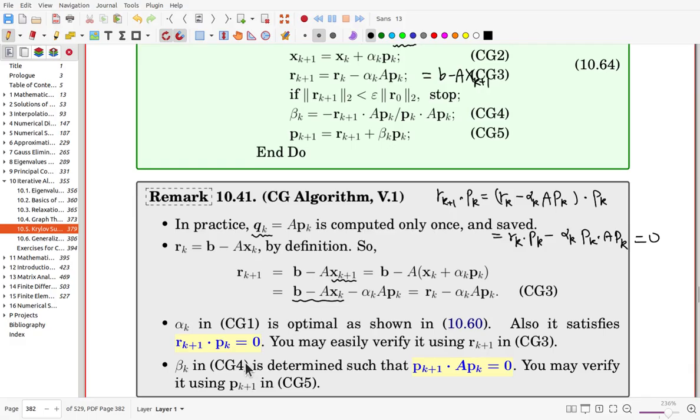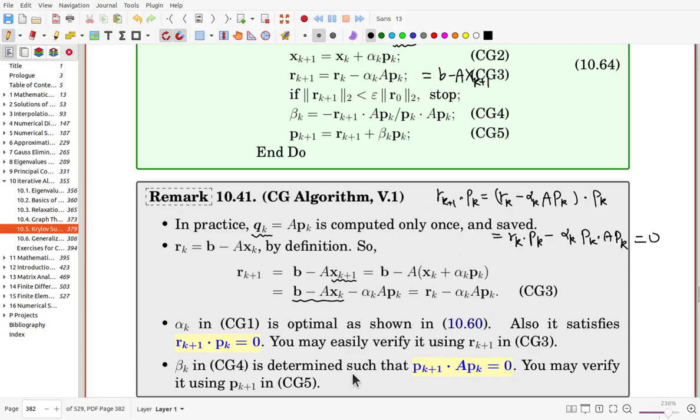Now, also, finally, p_{k+1} dot A p_k is 0. In fact, p_{k+1} is in this form with beta_k, and we try to satisfy this equation, then the choice for beta_k must be this one.